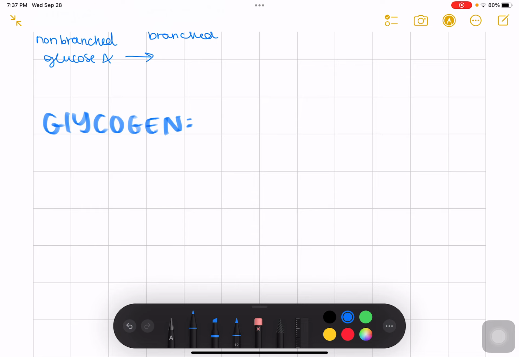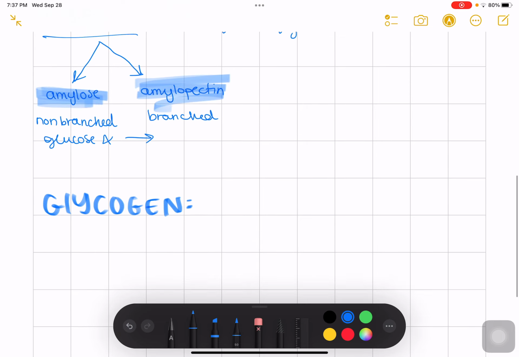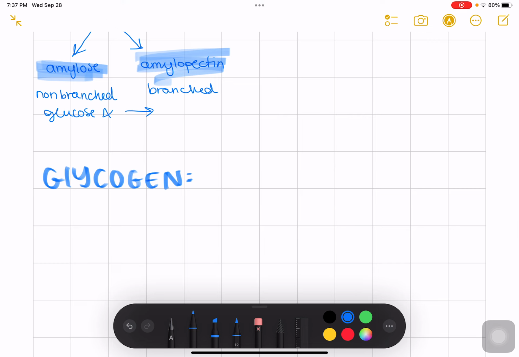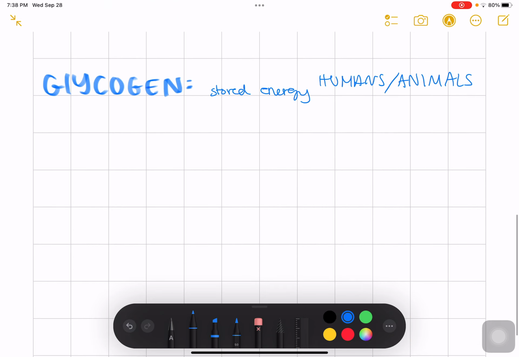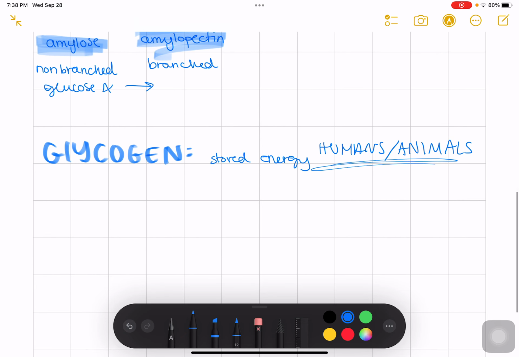So glycogen, we can start to see some similarities to starch in the way that glycogen is a stored energy, but for humans and animals. So where is starch found? In plants. But glycogen is found in humans and animals. So that's difference number 1. So keep these in mind.